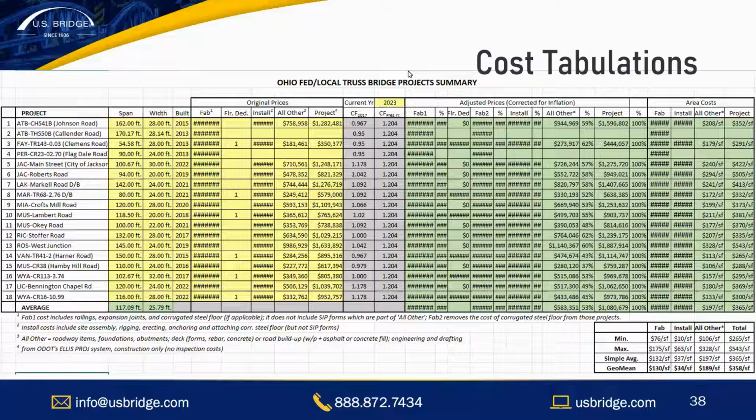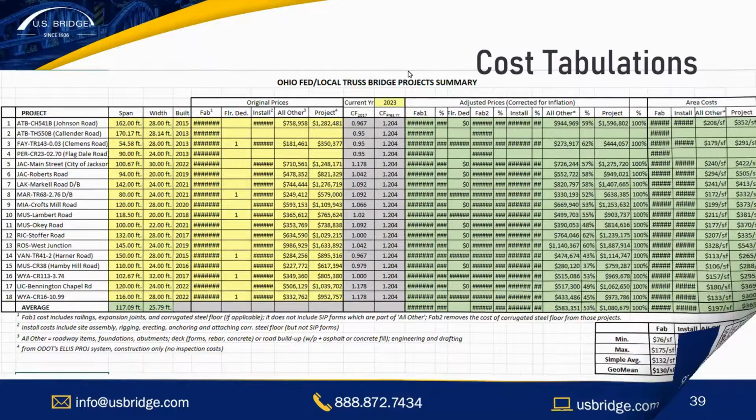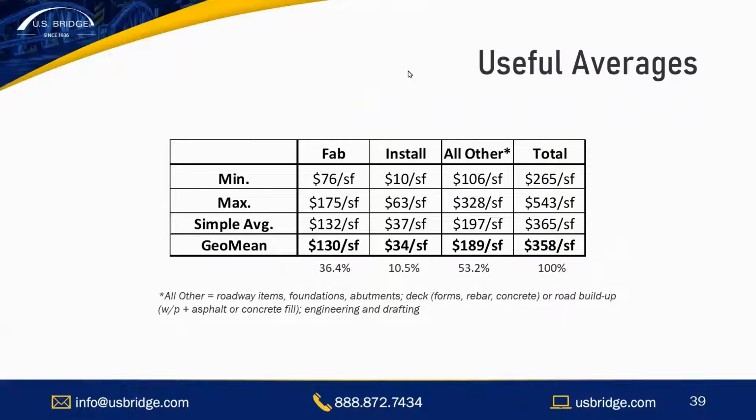So with that, here's sort of a cost data summary of what I pulled together. I used this to develop fabrication averages, installation averages, and the remainder of the project, all other. And this is sort of the crux of the presentation, to share with engineers and bridge engineers and folks that develop projects.